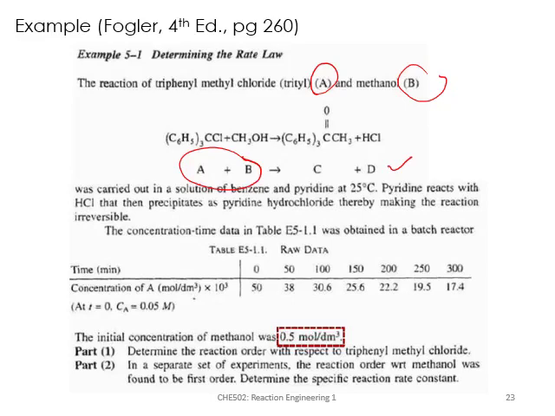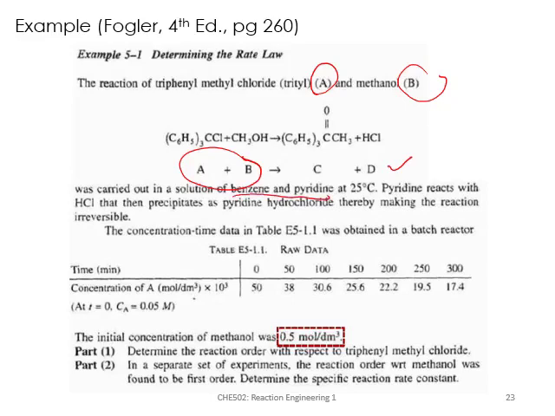Pyridine reacts with HCl that then precipitates as pyridine hydrochloride, thereby making the reaction irreversible.